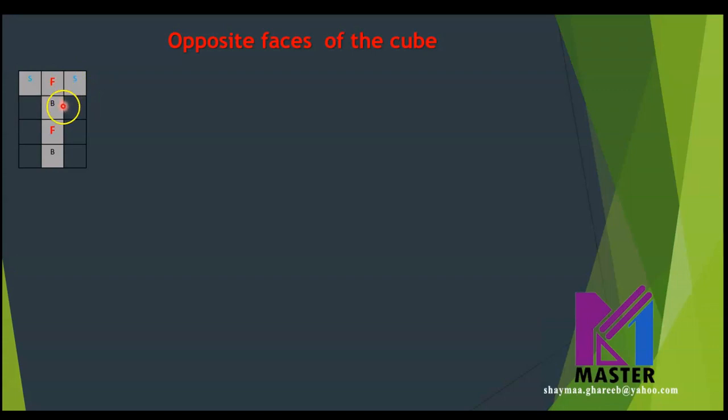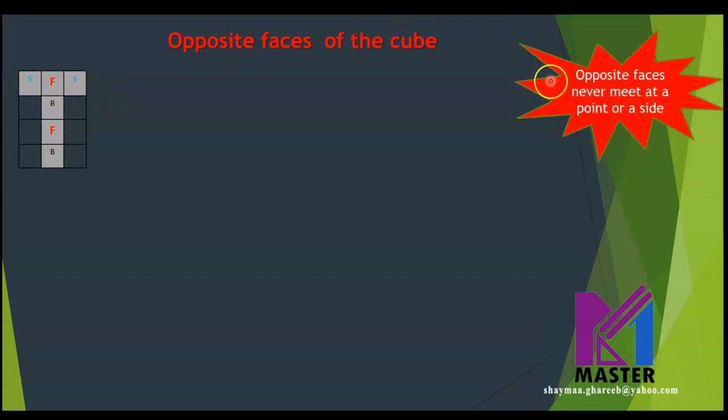Can you see this point, the meeting point between them? So they cannot be opposite faces. And also this face and the other one here cannot be opposite because they meet at a point. So to identify opposite faces, we have to know that opposite faces never meet at a point or a side or an edge. Is it clear?